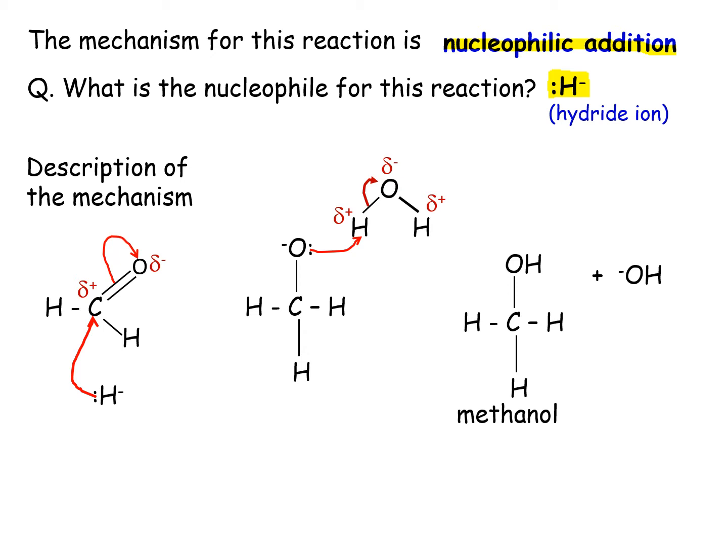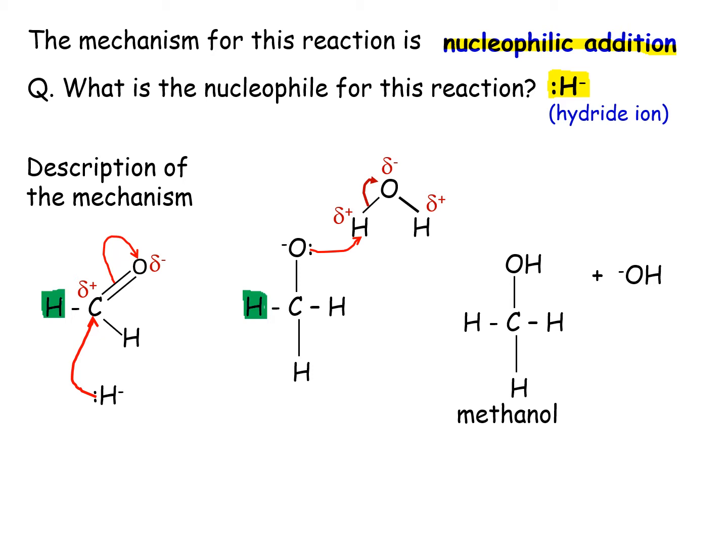For simplicity, we're showing methanol going to methanol, but effectively, this could be anything. So it's important when you draw your intermediate that you pay attention and reproduce the structure of the molecule correctly, because one of the marks will come from the correct intermediate.